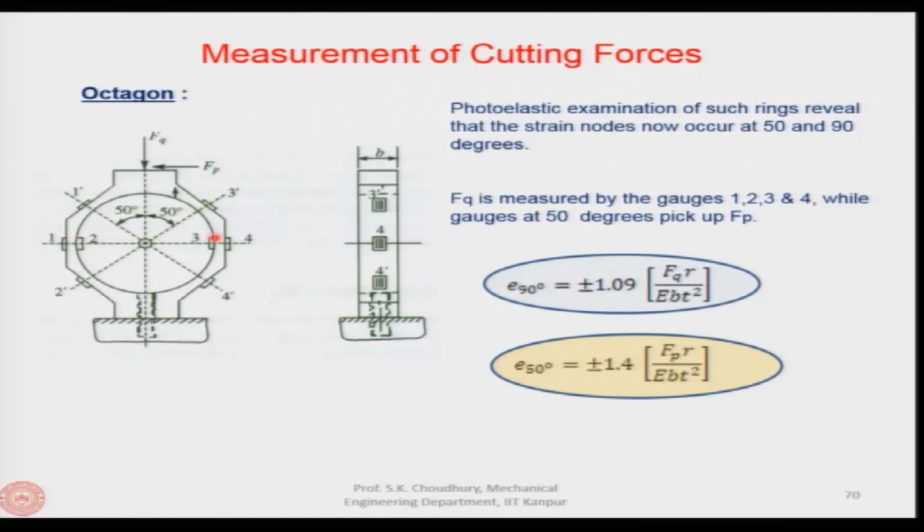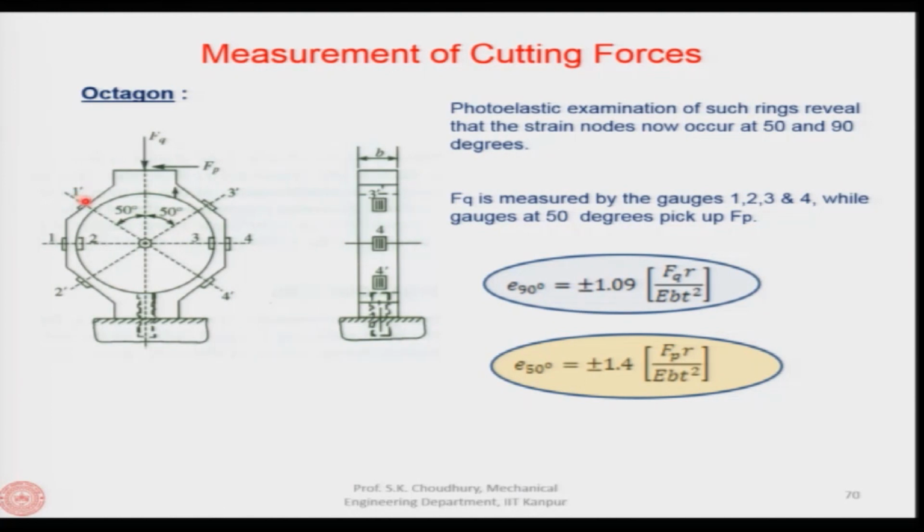At 90 degrees the sensors or the strain gauges will sense the thrust force Fq as shown here, and the tangential force Fp will be sensed by the sensors when they are placed at 50 degrees with respect to the vertical axis.